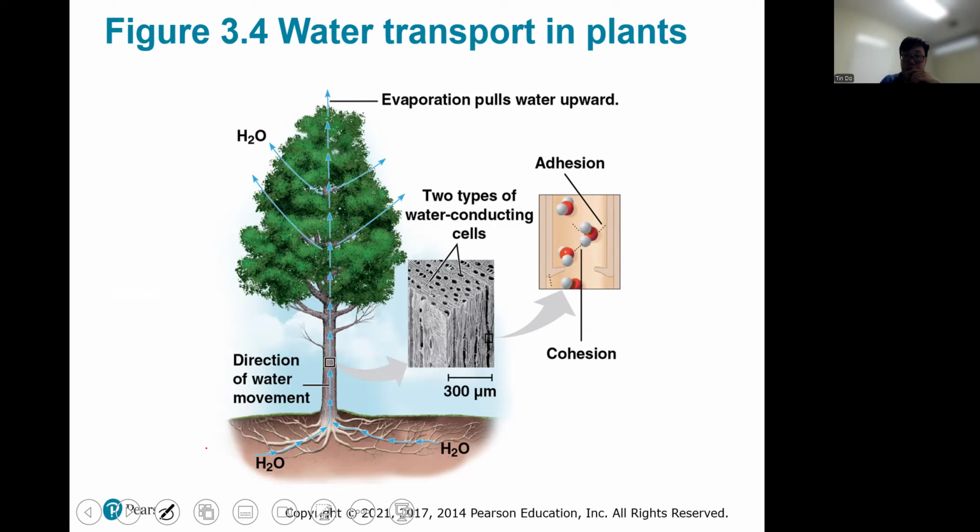Canopy being the tip of the tree. Now imagine how much work, how much pressure you would need to take water from ground level, below ground level, all the way up a couple hundred meters, 100 feet. That's how big a redwood tree is.